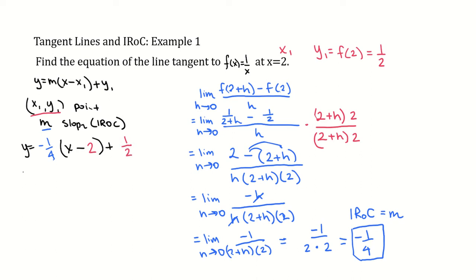And we can simplify this a little bit. y equals negative 1/4 x plus 2 over 4, which is 1/2, plus 1/2. And our tangent line is y equals negative 1/4 x plus 1.